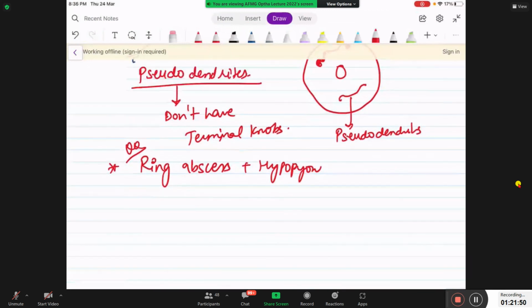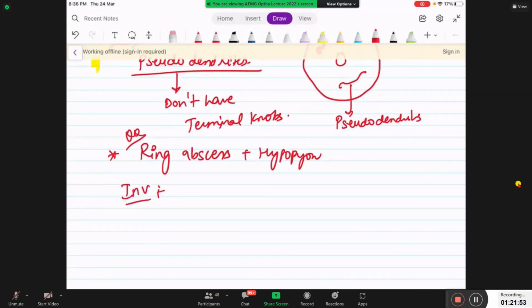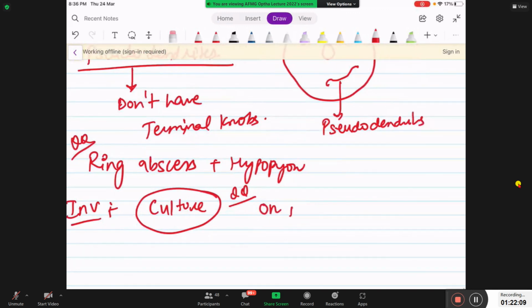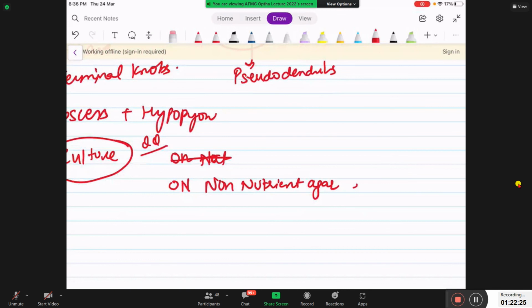Now coming back to the investigations. These are the signs. Coming back to the investigations which you carry out in acanthamoeba keratitis, again you have to do culture. A question is asked on the culture media used in acanthamoeba keratitis. Very, very important question. It is cultured on non-nutrient agar enriched with E. coli.